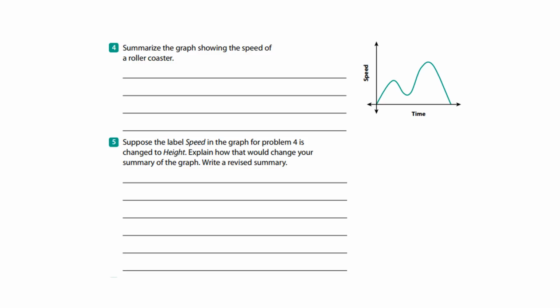Number 4, summarize the graph showing the speed of a roller coaster. So again, it starts down here at 0, so the speed starts at 0. It gradually increases.